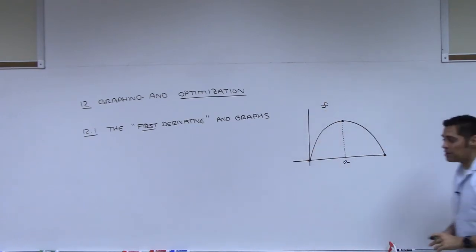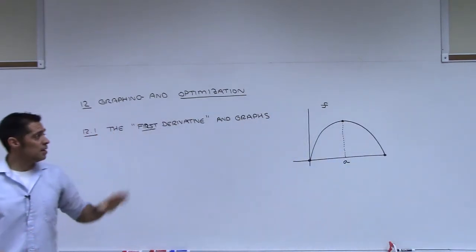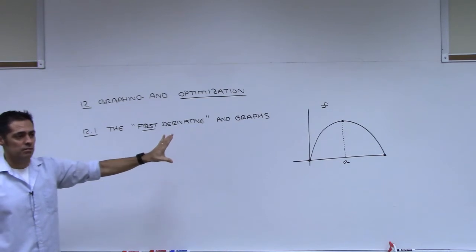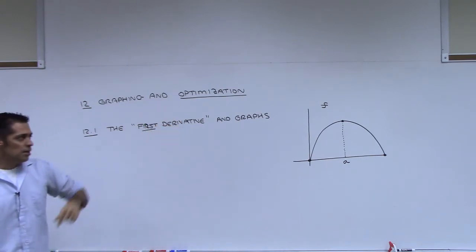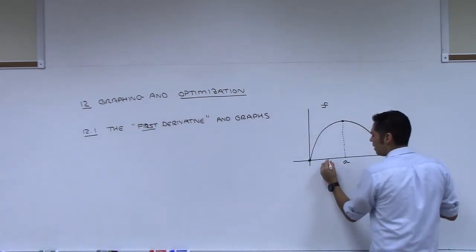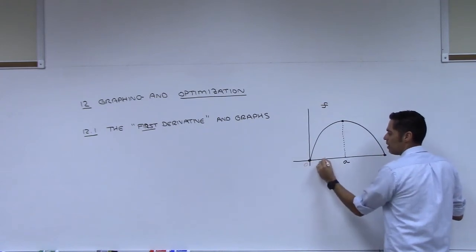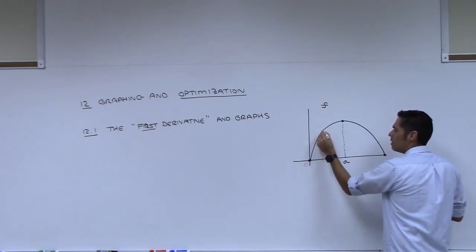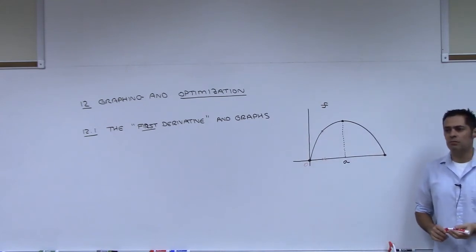What I'd like us to discuss is the derivative of this function. Not the function, but its derivative. Tell me, if I pick a point to the left of A, somewhere between 0 and A, is the derivative going to be positive, negative, or 0?